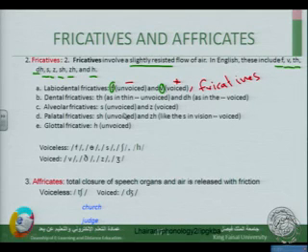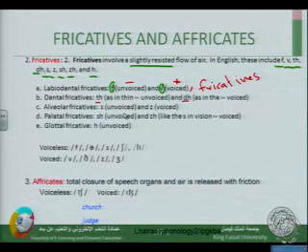Then the dental fricatives, where you put your tongue between the upper teeth and the lower teeth, as in thin and then. Let me ask you a question now: is this one voiced or voiceless?